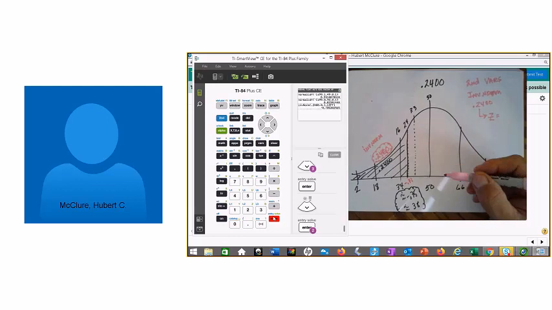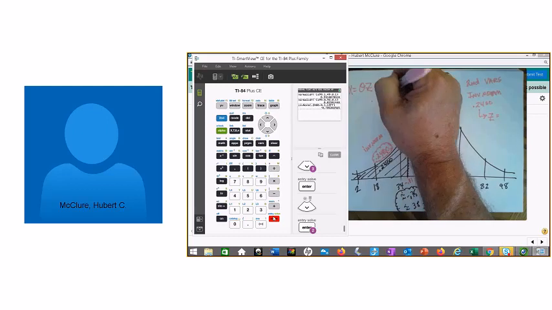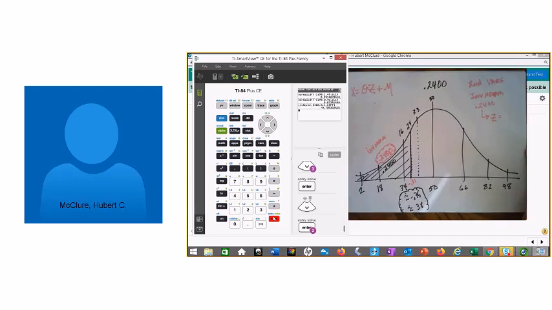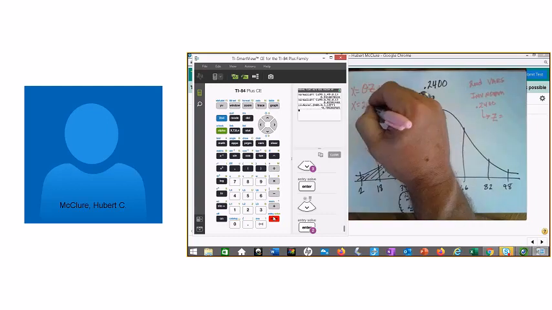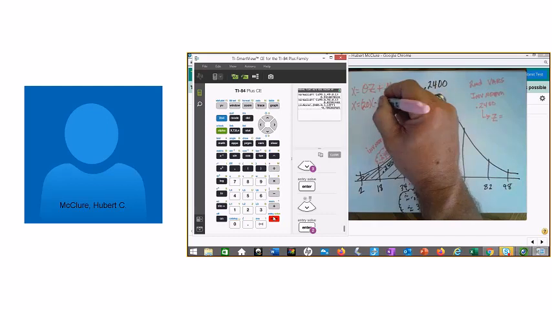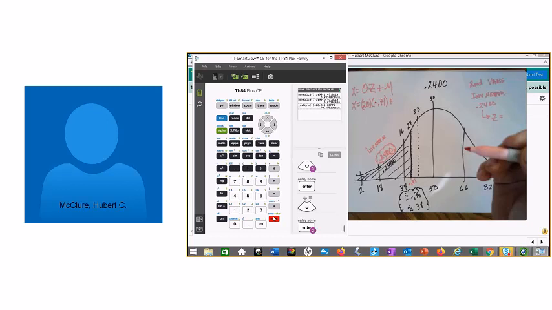Now we have to use x is equal to oz plus mu. X is equal to oz plus mu. So x is equal to 20 times negative 0.71 plus 50.